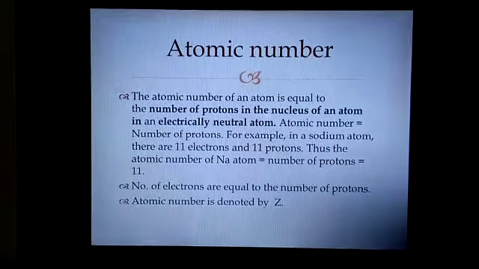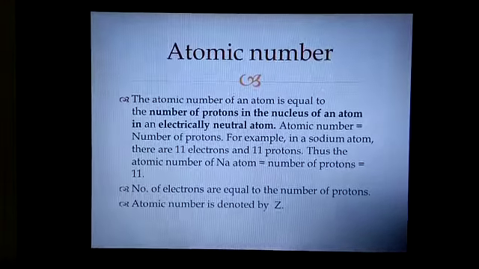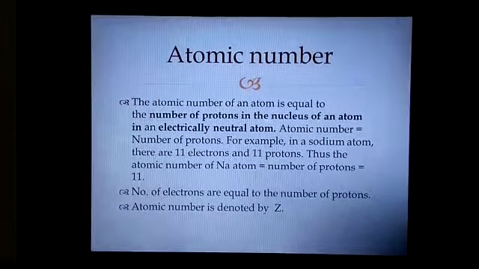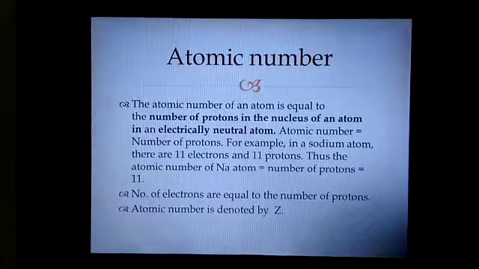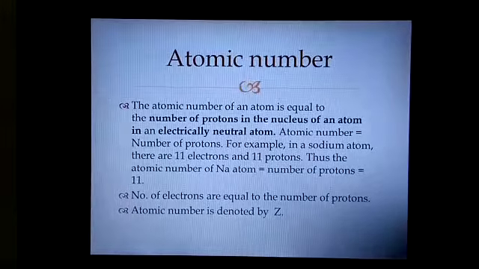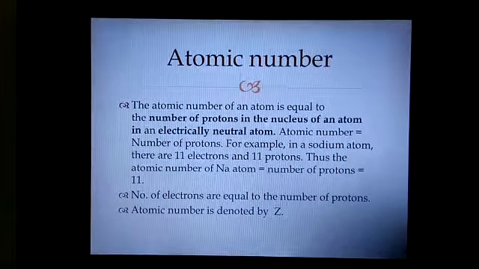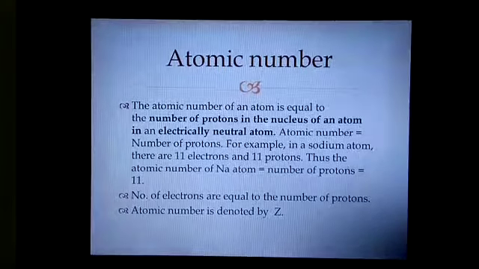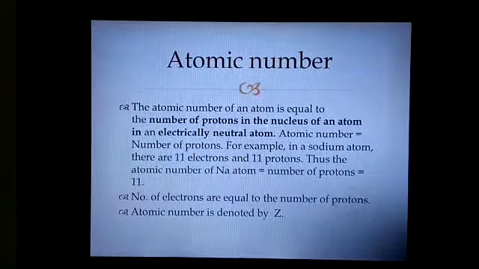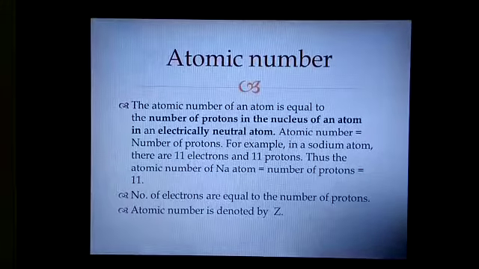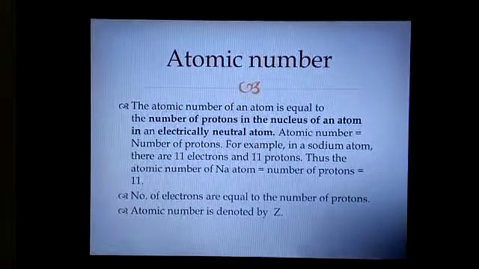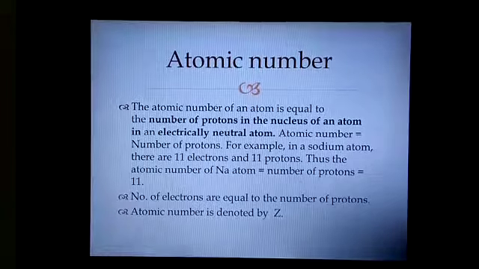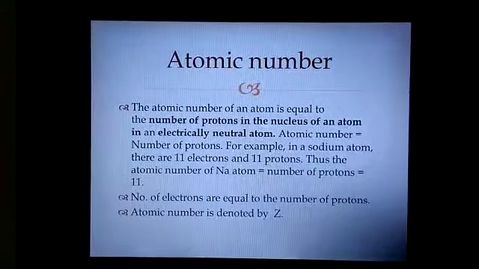The atomic number of an atom is equal to the number of protons in the nucleus of an electrically neutral atom. For example, a sodium atom has 11 electrons and 11 protons, so its atomic number will be equal to the number of protons, that is 11.